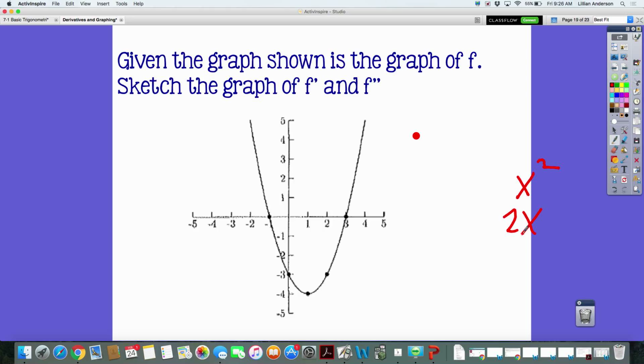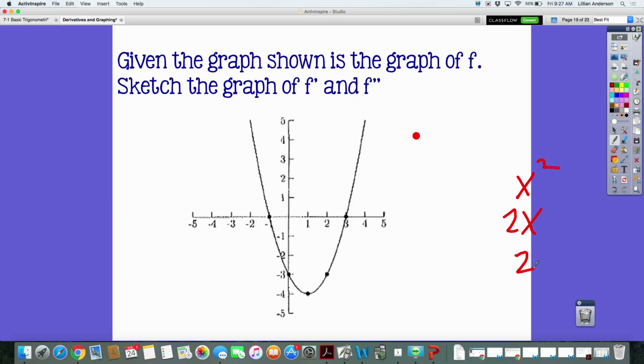So our first derivative graph should look like a line. And when we take the derivative again, we get 2. What does the graph of 2 look like? Just a straight line, so a constant. So knowing that can help guide us when graphing these functions.